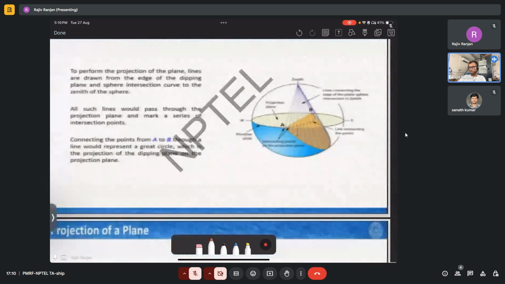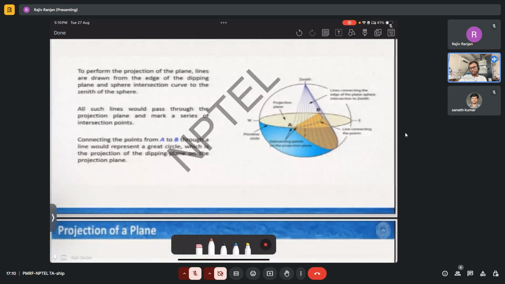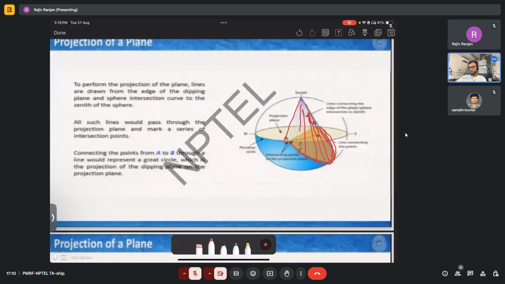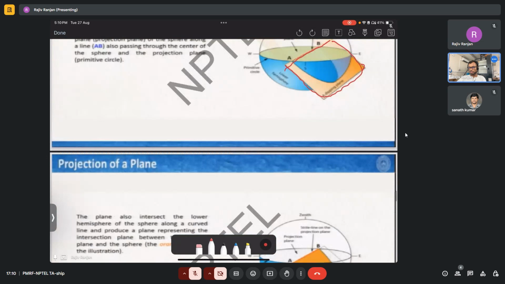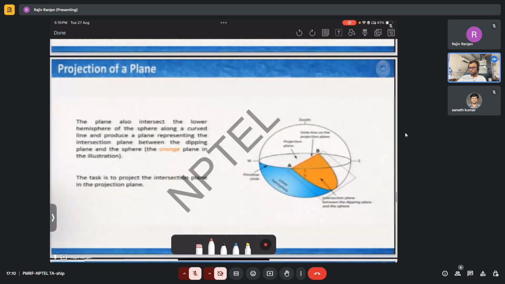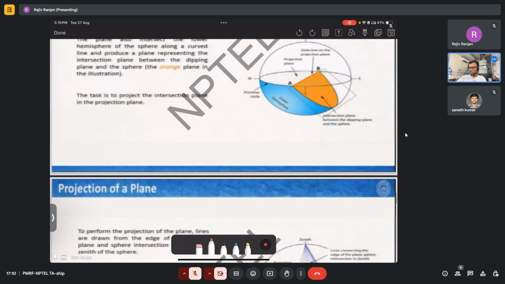Now we do the same thing as in the case of lineation, where we connected to the zenith. Since we have a semicircular arc, we join each point of this arc to the top. So what would the resultant be? If you cut here, you will see something like this.